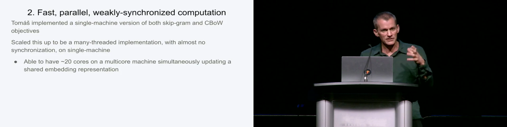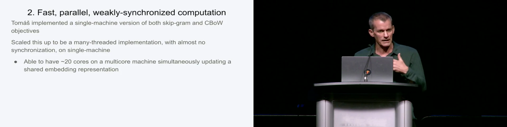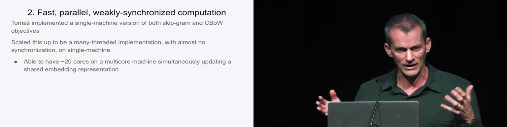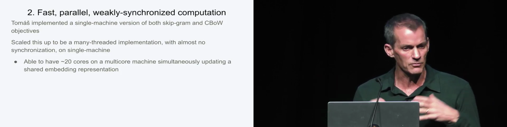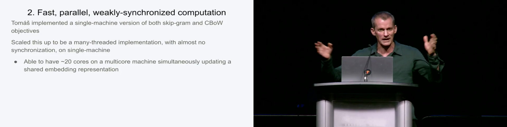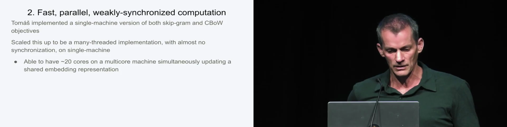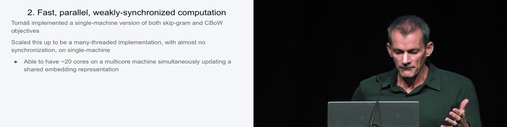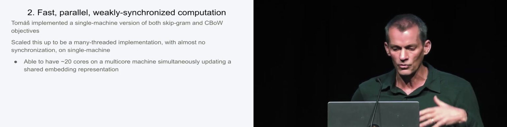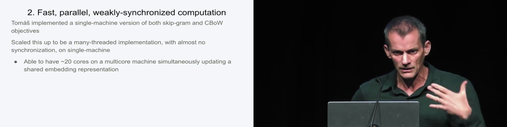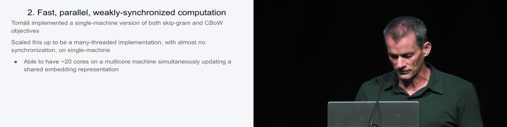And he actually did a fair amount of work to scale this up to be a very high performance implementation using all the cores on a single machine, so about 20 different cores at that time, with almost no synchronization. So you just kind of blindly update the embedding, which was a large 2D array in memory. And then he was able to have about 20 cores on these multi-core machines simultaneously updating this shared representation and get quite good embedding representations.